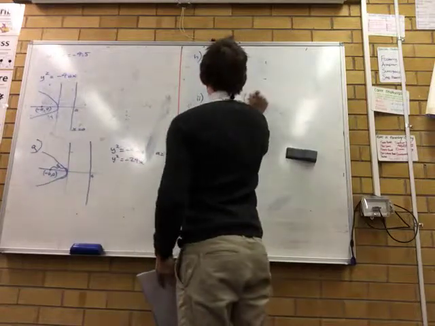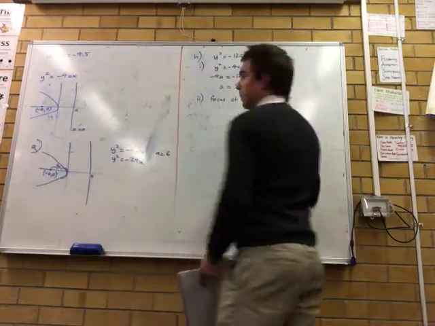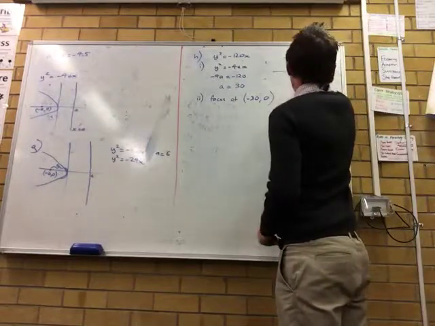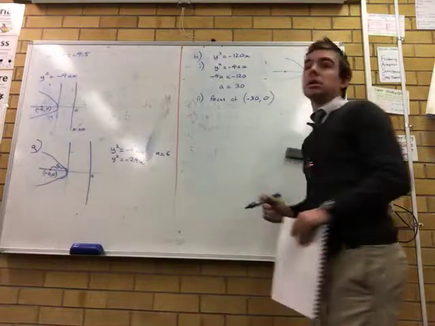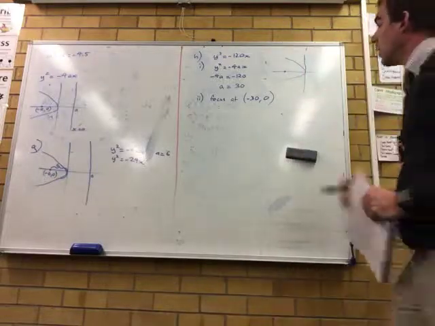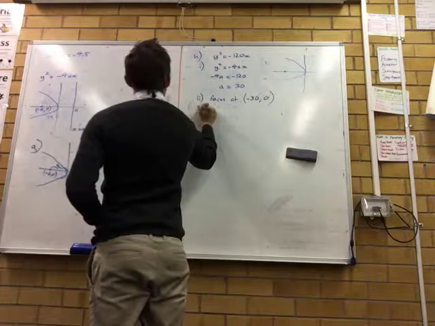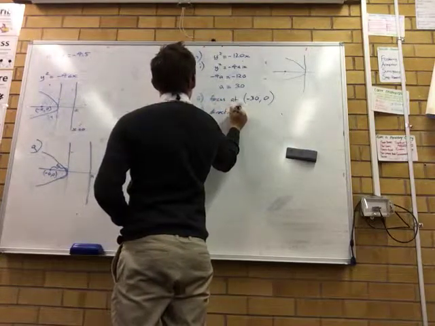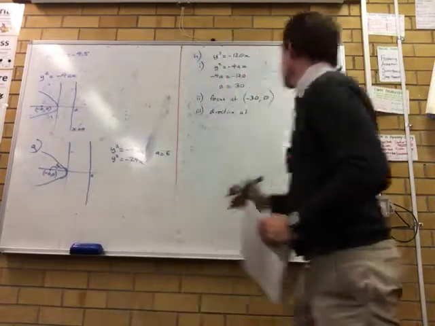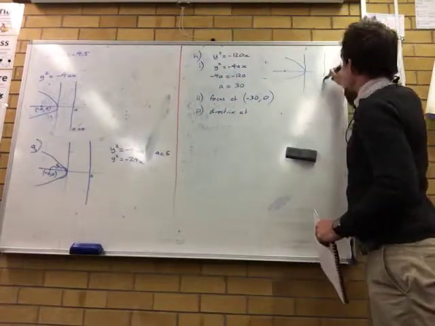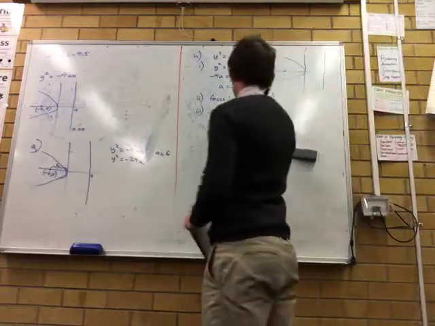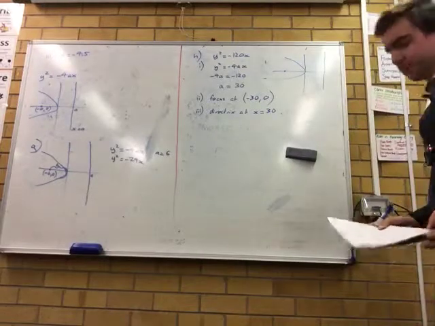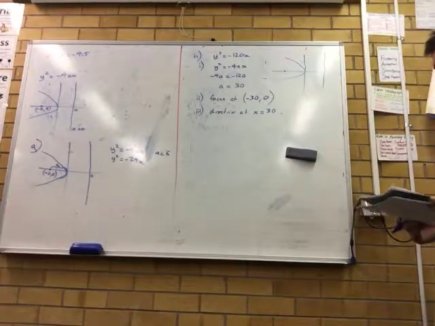Okay, so negative 30, 0, because this parabola sits this way and the focus lies inside the parabola. Directrix. What's the equation of the directrix? X equals 30. Good, it crosses the x-axis. And that will give the location and the orientation of the parabola.